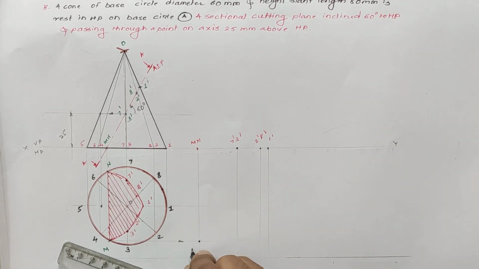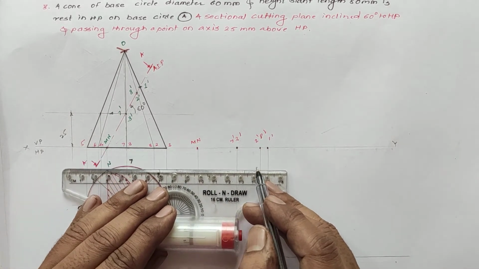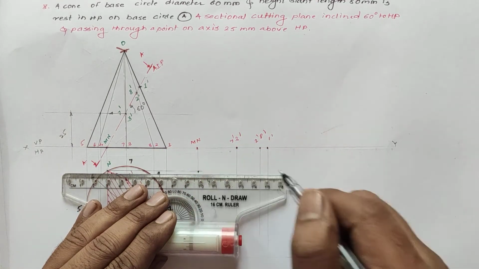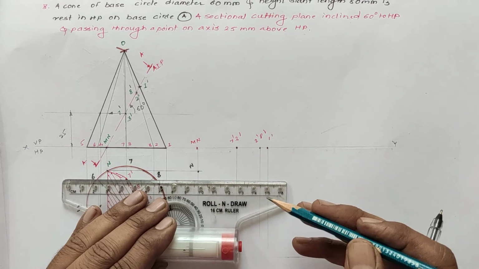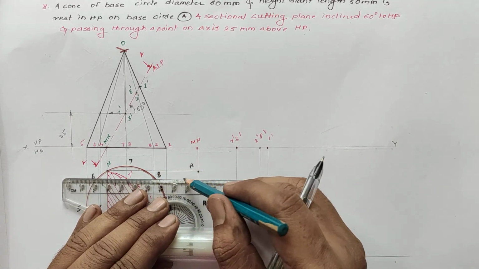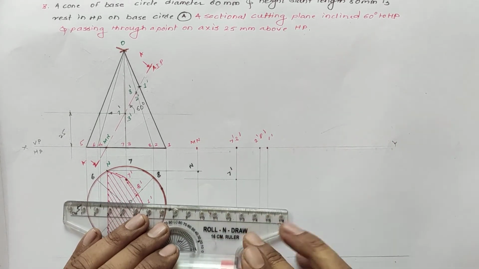We get the point M. Next, for the N point, draw the faint projection line. We get the point N. Then 7 dash, we get the point here, 7 dash.